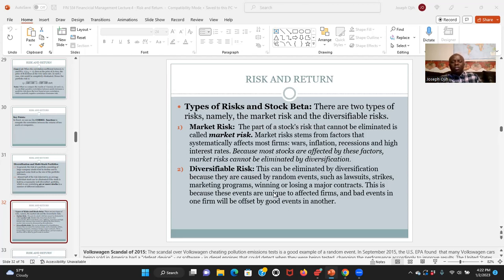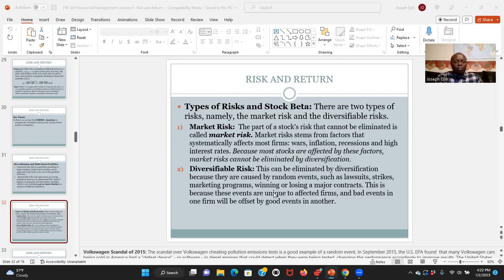These events usually affect specific firms. So if you have 5 companies in your portfolio and one of them is affected, the loss in that firm will be offset by the profit you are making from the other 4 companies. I'll give you an example.